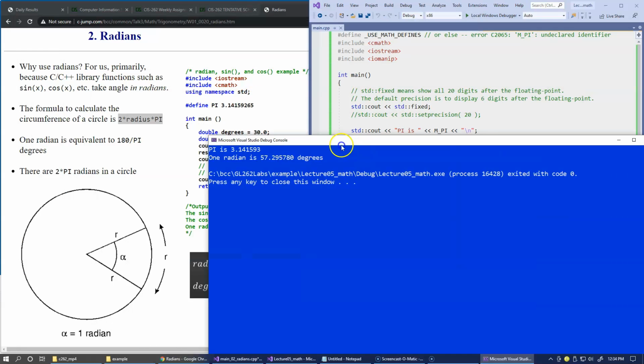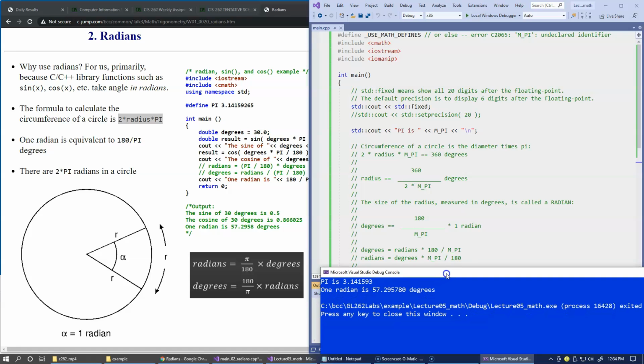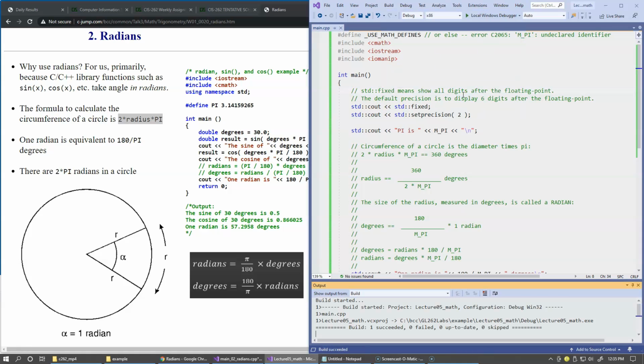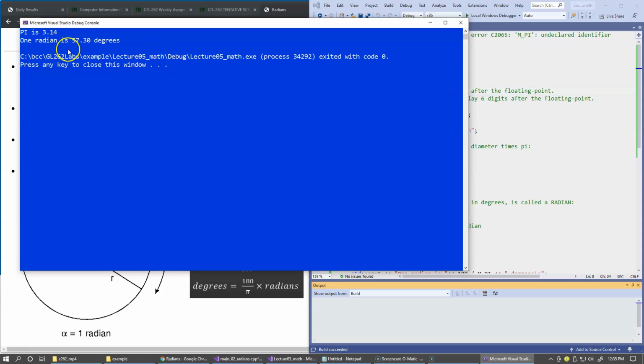And it prints that 1 radian is like 57.3 degrees. Let's lower this precision a little bit. We can set precision just to 2 digits. Build and run again. So I'm just showing you a shorter version of the output.